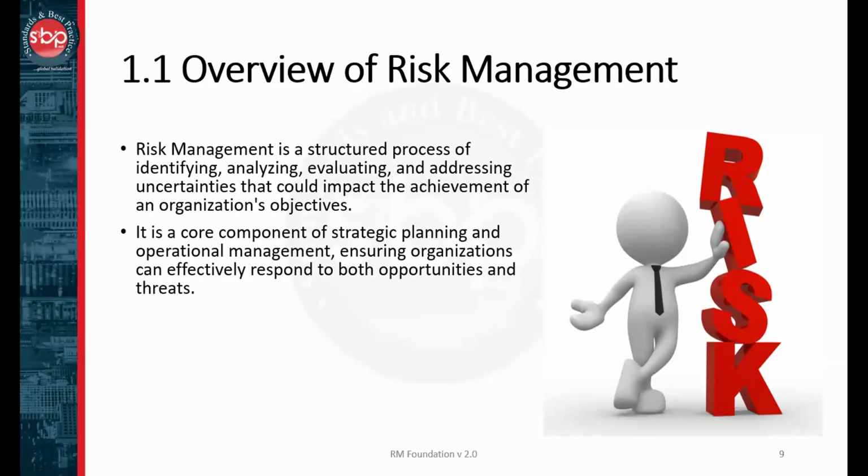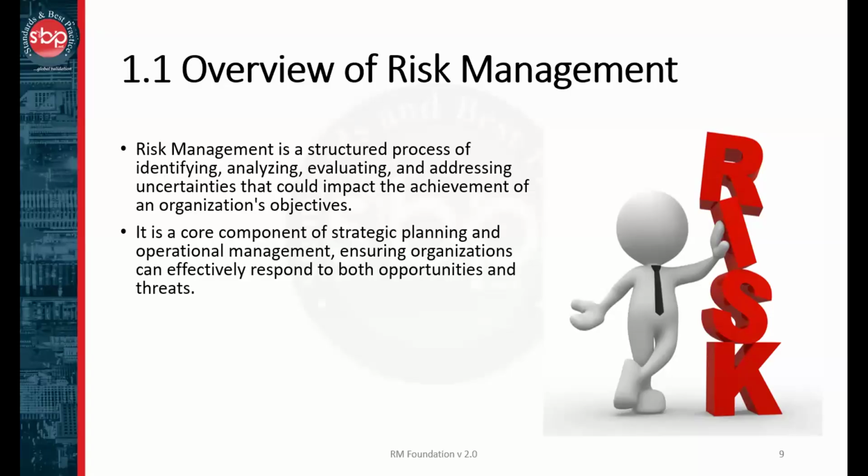Then you analyze it. What will be the likelihood of this risk occurring? What's the scale? What will be the impact? That is the effect. How would it affect us? Would it affect our finance? Would it affect our income? Would it affect our reputation? You analyze it, and then you evaluate it by multiplying the likelihood with the impact, so that you get the risk score. How high is this risk?